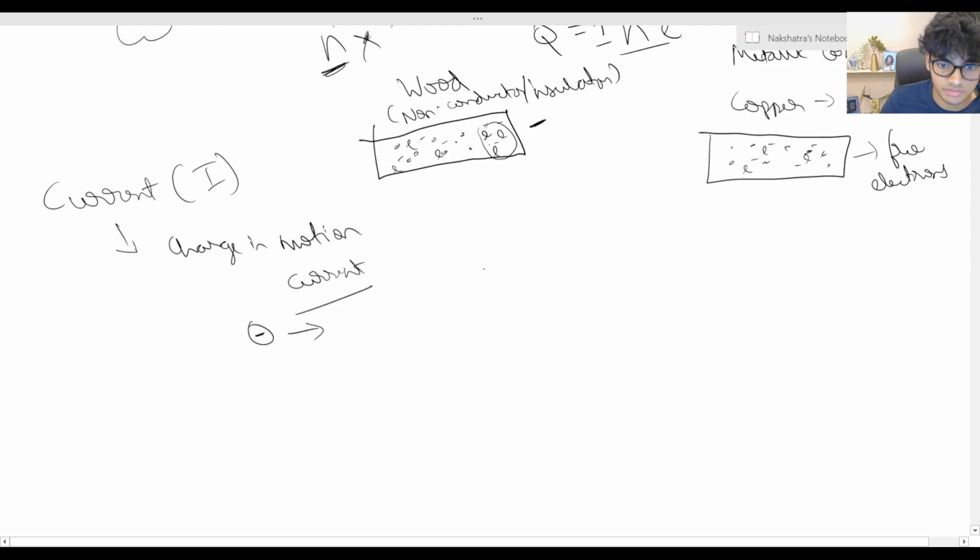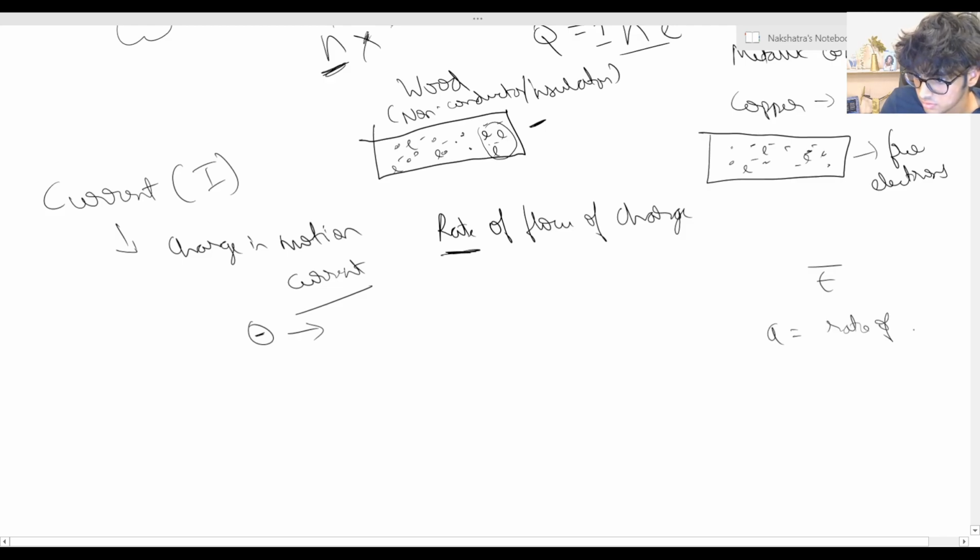Now, more specifically, current is the rate of flow of charge. Whenever something is called a rate, it means that you're dividing it by a certain amount of time, like velocity, or, let's say, acceleration a is equal to the rate of change of velocity.